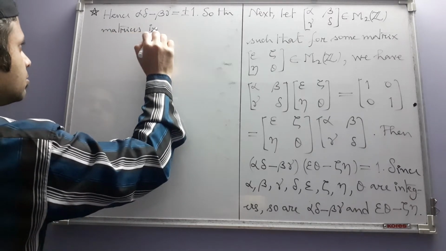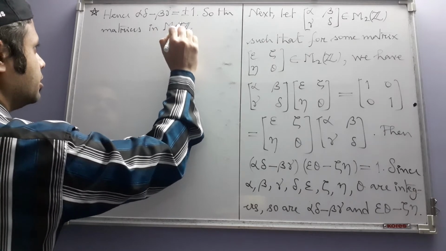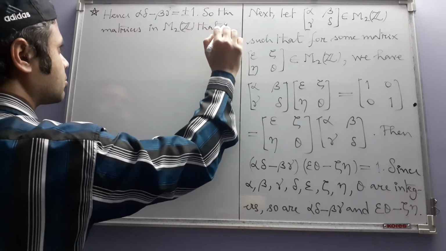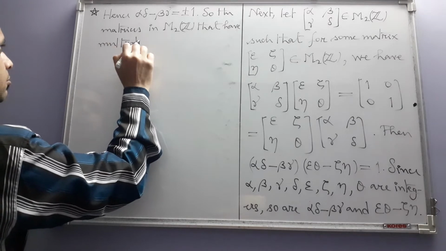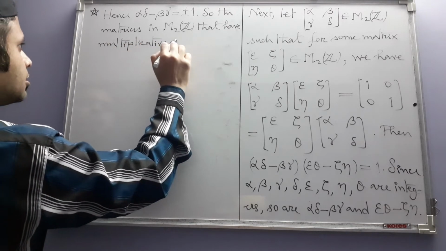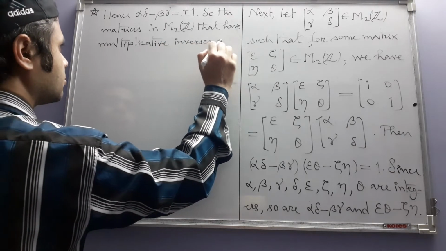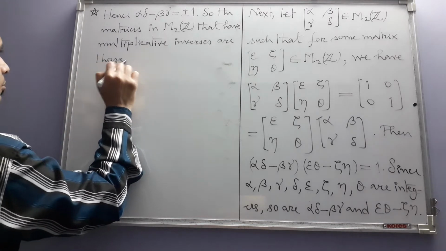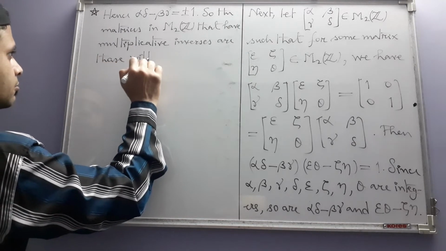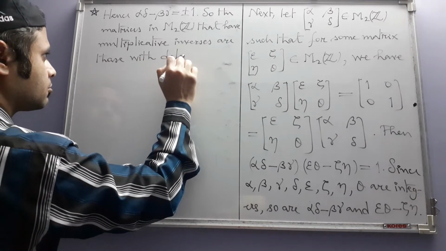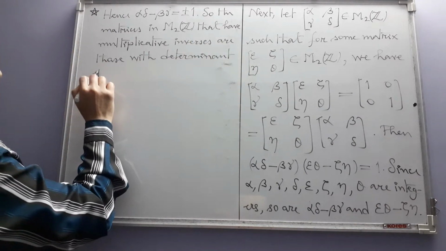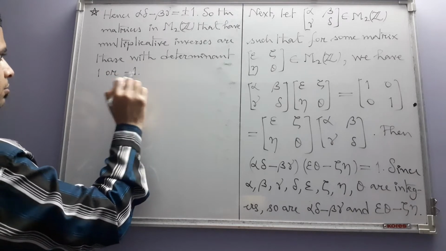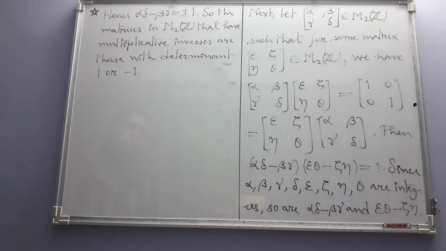The matrices in our ring that have multiplicative inverses are those with determinant 1 or minus 1. So this completes the solution.